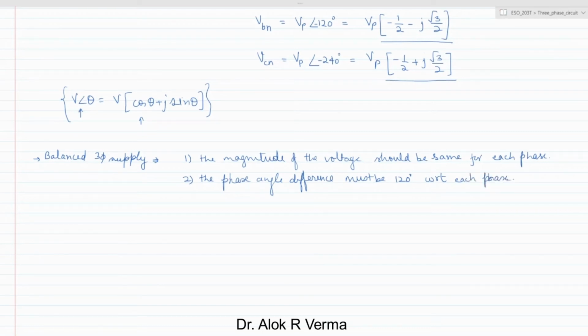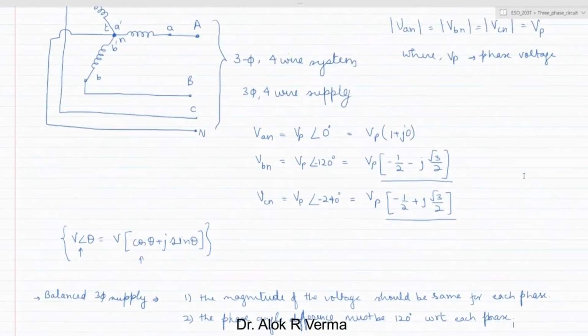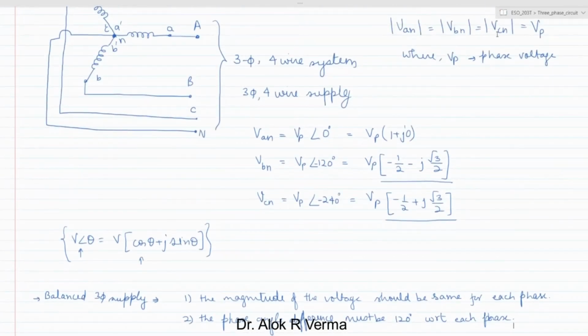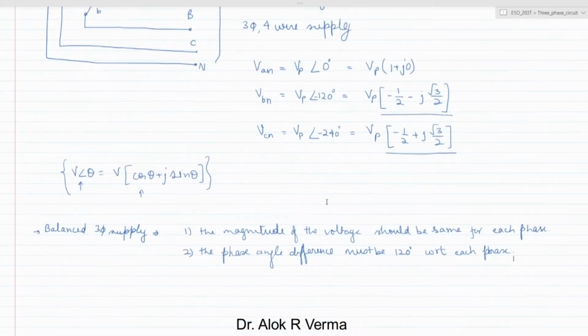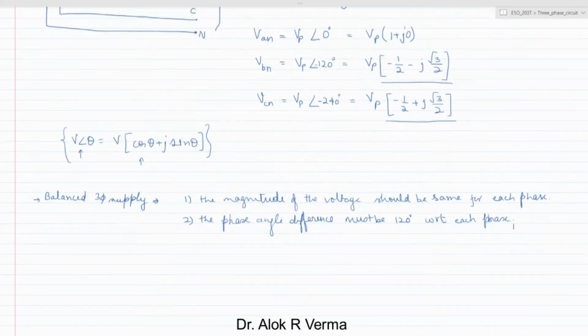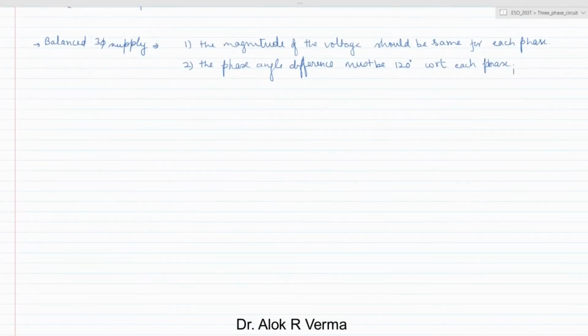So these are the two conditions. Already we have assumed that VAN, VBN, VCN all have the same magnitude VP. So this is a balanced three-phase supply, provided that the phase angle is maintained at 0, minus 120 and minus 240 degrees.